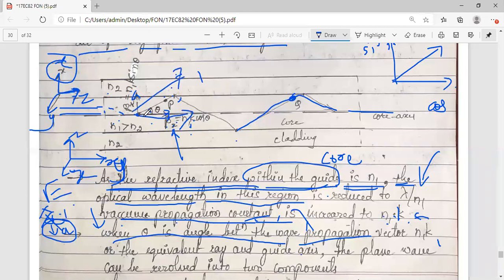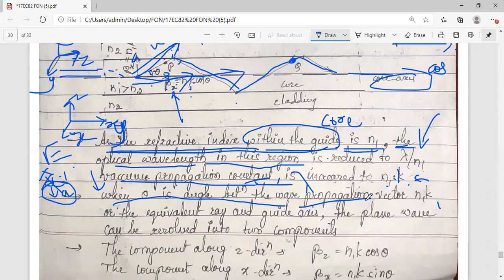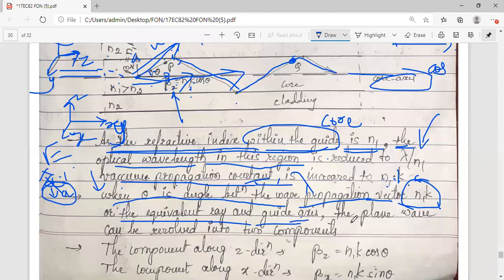This is your wave which is traveling, which will hit the interface at this point and be totally internally reflected. So this is your wave vector. Theta is the angle between the wave vector and the core axis, or the waveguide axis. You can even simply take the wave equivalent ray of light. If theta is this, then the plane wave can be resolved into two components.